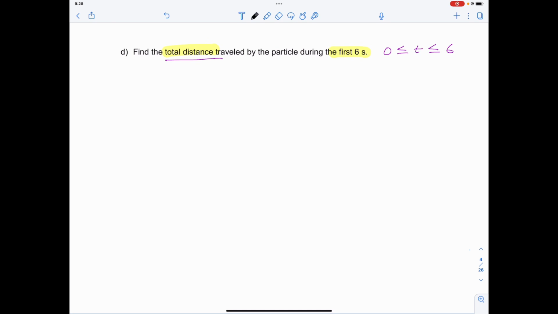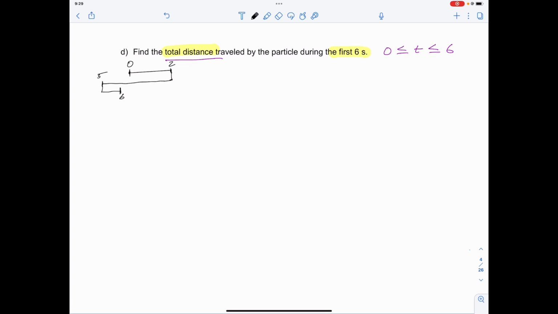It's going to start at 0, and it's going to increase, so it's going to move to the right for the first 2 seconds, and we know that because in the last question we solved that it was positive for the first 2 seconds. And then after the first 2 seconds, it's going to decrease or have a negative velocity up to 5 seconds, and then it's going to increase again in that last section between 5 and 6 seconds.